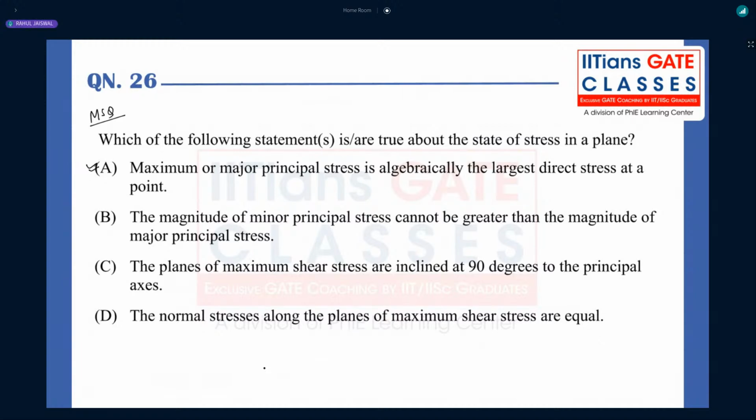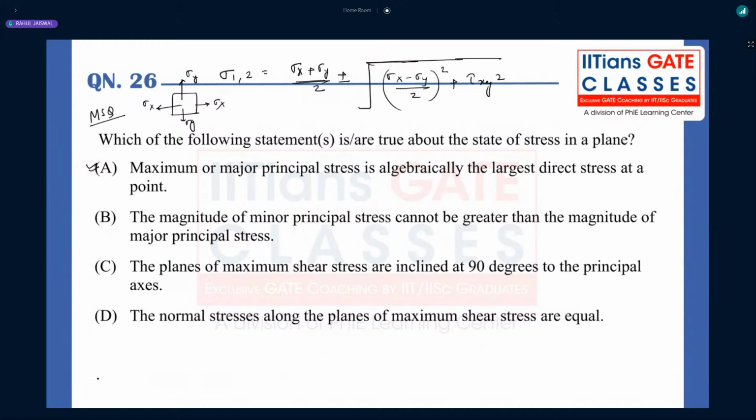So basically, when we find the principal stresses, the major principal stress or the maximum or minimum principal stress, we write sigma 1 and 2 equals sigma x plus sigma y by 2 plus or minus under root of sigma x minus sigma y by 2 whole square plus tau xy square.